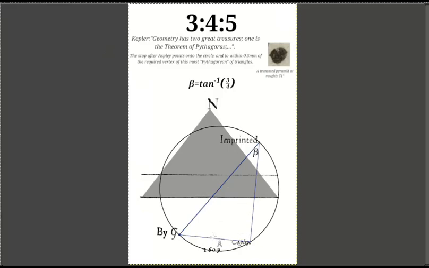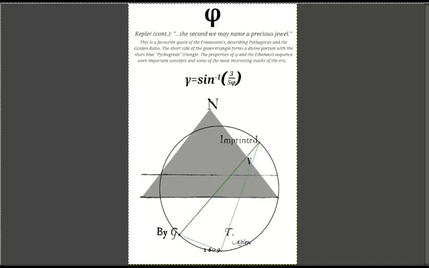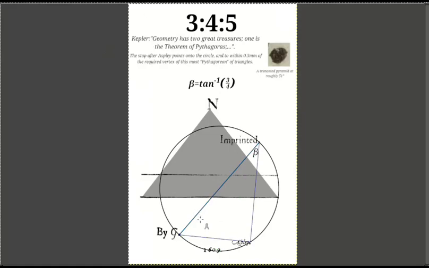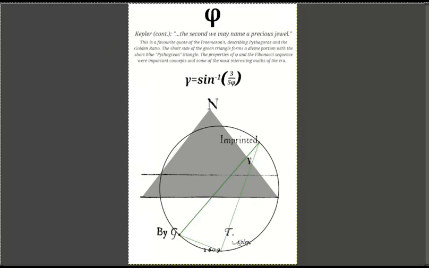The ratios of these 3 sides are 3 to 4 to 5. So it has the value beta is equal to inverse tangent of 3/4. And then the last one is slightly more complicated, in that this small green side forms a golden ratio with this small blue side. And so this side is equal to inverse sine of 3 upon 5 phi. Okay.